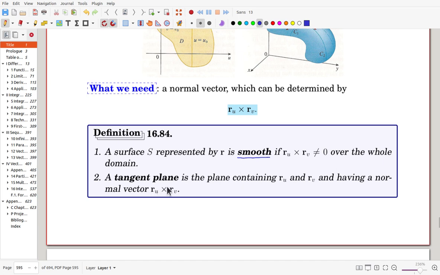And also the tangent plane is the plane containing these two, R sub u and R sub v, and eventually, if it is non-zero, then the normal vector must be R sub u cross R sub v. So we define the tangent plane in this way. Practically, we'll try to get tangent planes using that cross product.